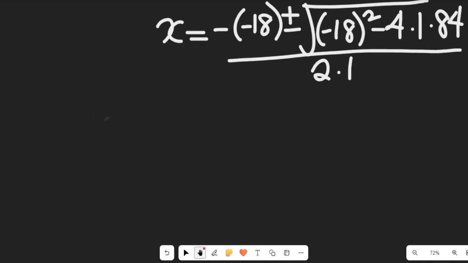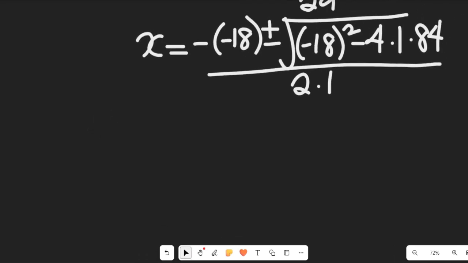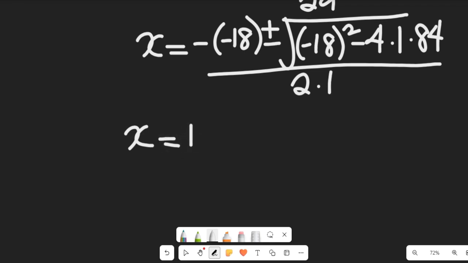Great. Now if we simplify that, negative minus negative will give us x equal to 18 plus or minus the square root of 18 squared.